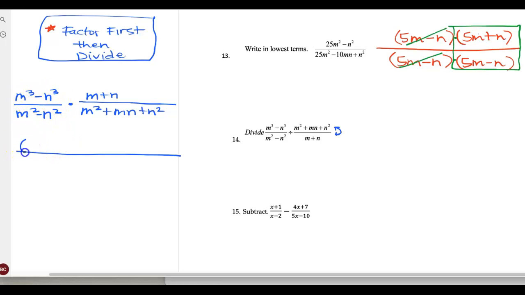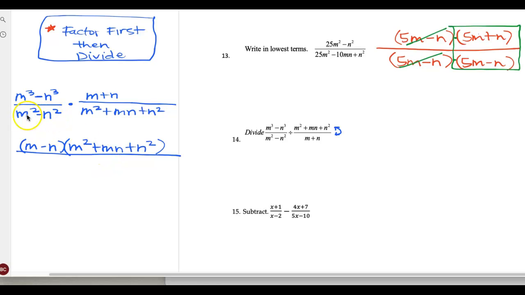But we're going to have in our first parenthesis m minus n, because we do the same sign that was there. Then I'm going to square my m, so m squared, and then times the two together, but I need to have it as addition, so plus mn, and then take that last one and square it, so plus n squared.